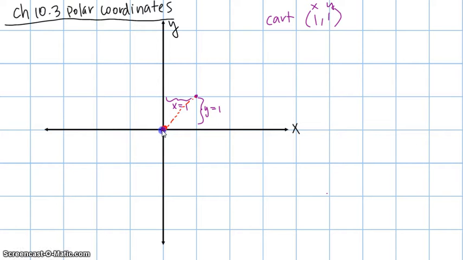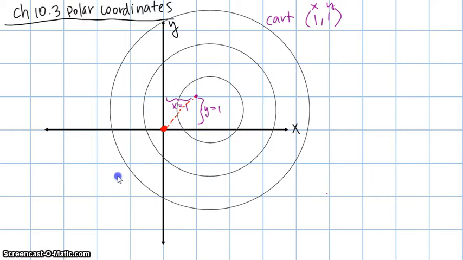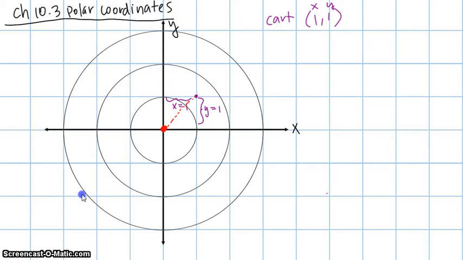So this is you, this is the point of reference. So what we do is we overlay a bunch of circles and make the center that origin right there. So you have a distance from the center, which no longer relies on this x-axis and this y-axis, but relies on this point of origin, the center of the circle.